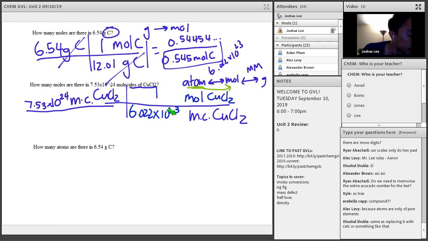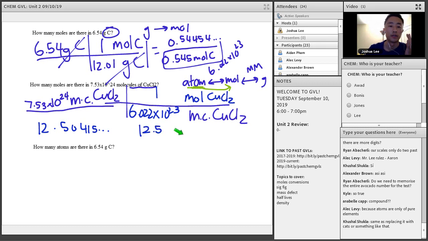So then if you divide these two numbers, you get 12.50415 dot dot dot. Then if you check the beginning number, you need 3 sig figs. So my answer is going to be 12.5 moles of copper 2 chloride.